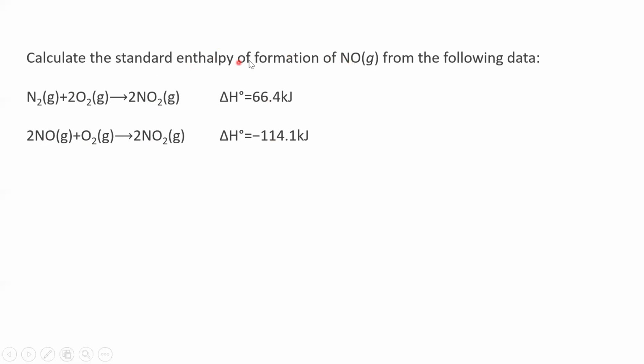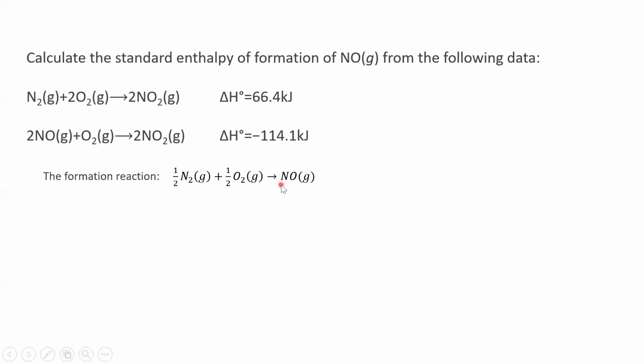So the standard enthalpy of formation of NO means we're forming this compound from its elements. So we want nitrogen plus oxygen to produce nitrogen monoxide. We don't know that value, but we want to calculate it from the information we were given. So this is what we want to calculate.